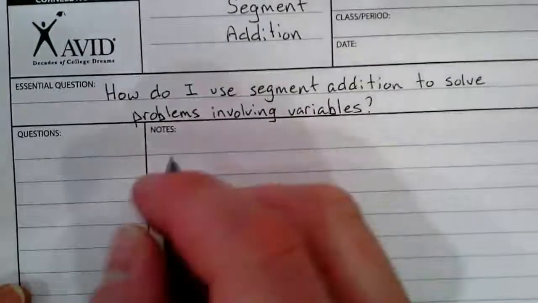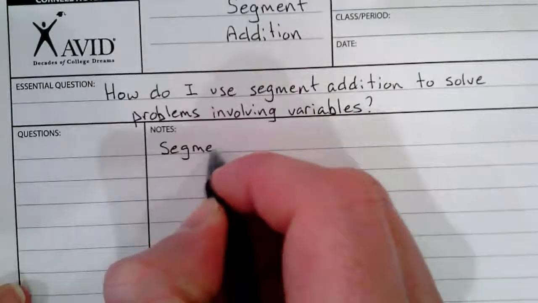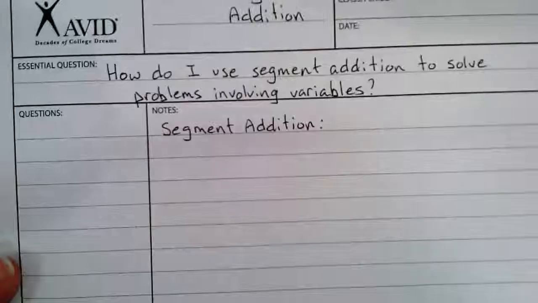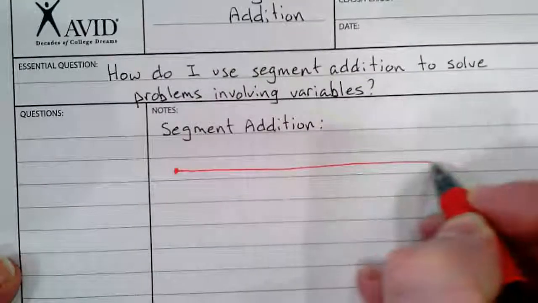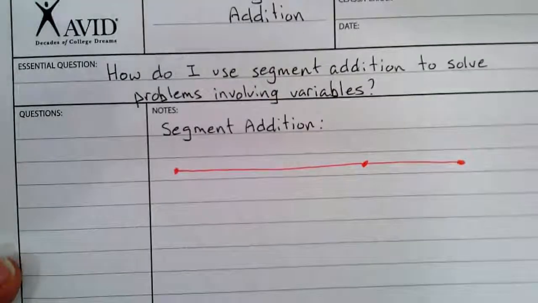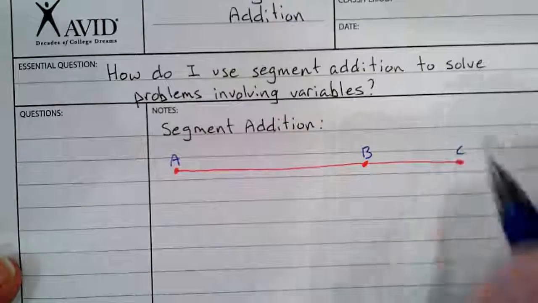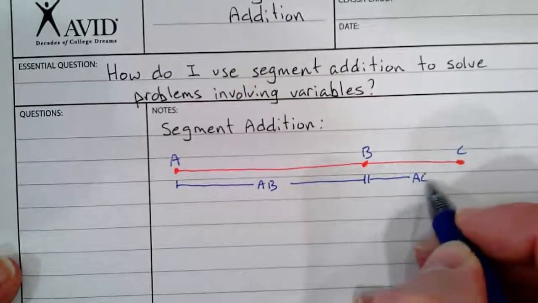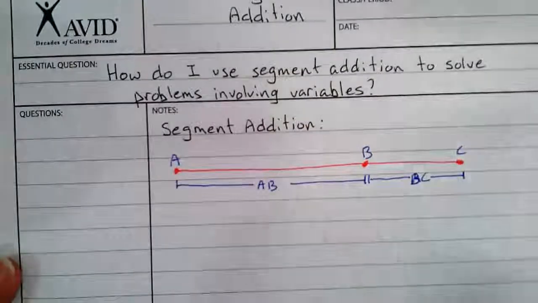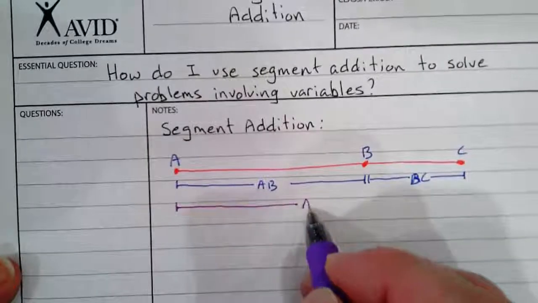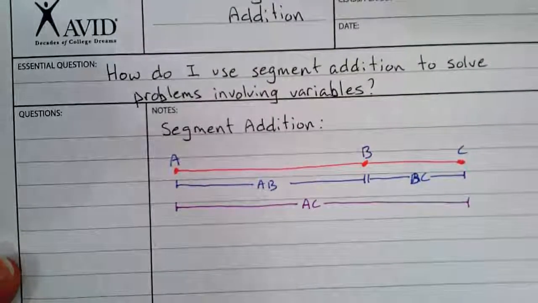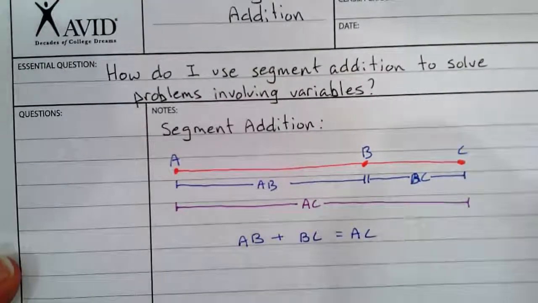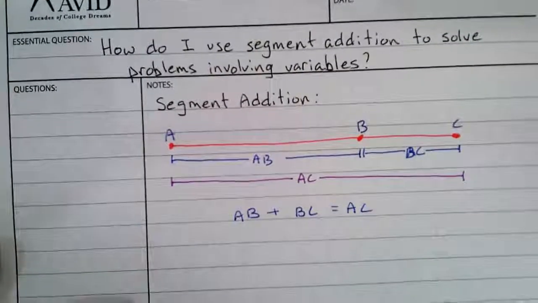All right. So, first of all, just as a reminder, segment addition: if we have a segment here, A, B, and C, and here is distance AB, here is distance BC, and here is distance AC all the way across, then AB plus BC equals AC, or the sum of the parts equals the whole.